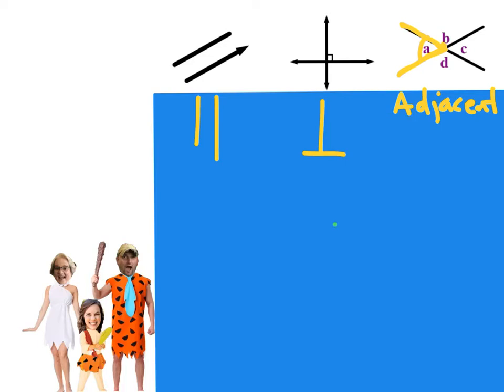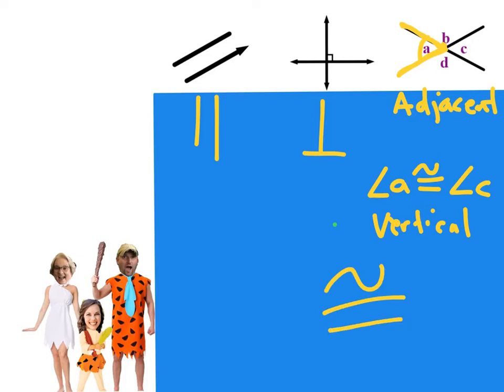A also has a special relationship to C. Angle A and angle C are what we call vertical angles. Vertical angles are directly across from each other when lines, rays, or segments intersect. And that tells us something very specific. They are congruent. That symbol that I just drew is a congruent sign. It's a wave above an equal sign, and what it means is they have the exact same measure.